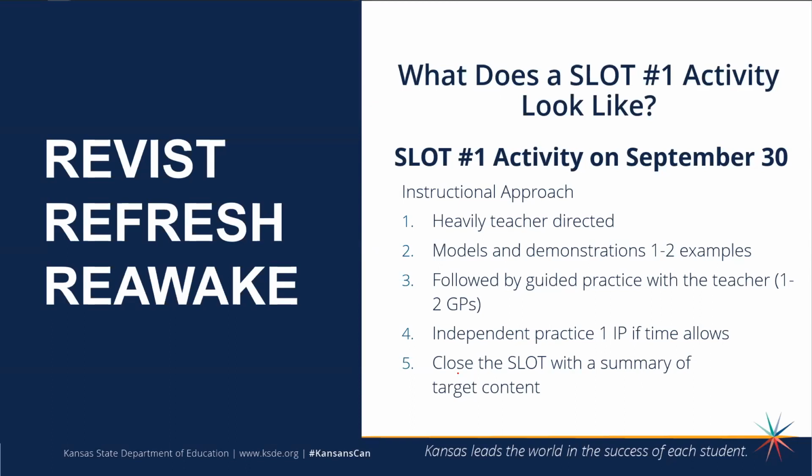And the summary is very much like the opening, where you basically say, hey, today in our slot activity, we revisited the topic. You could do a turn and talk. It could be a Q&A. It can be you just summarizing it, however you want to work it out. Use a variety of those activities.